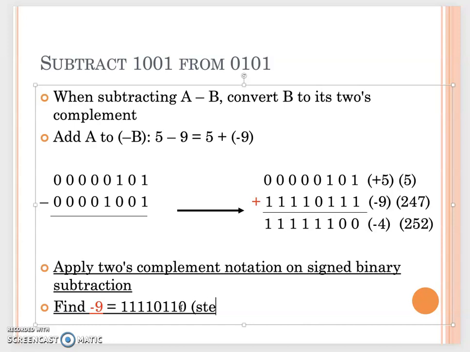Don't forget, at the end you need to add 1. So then you get 11110111. Then you have step 2. This one is your negative 9 in 2's complement.